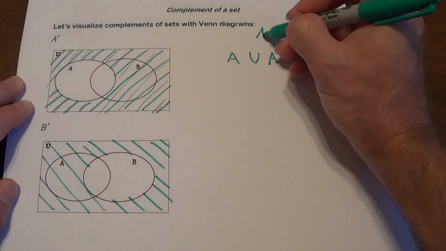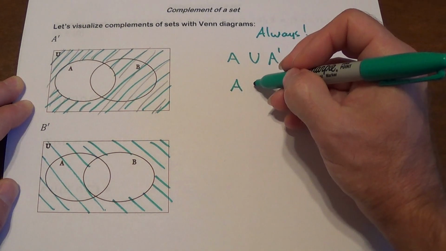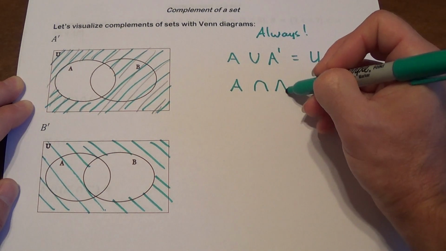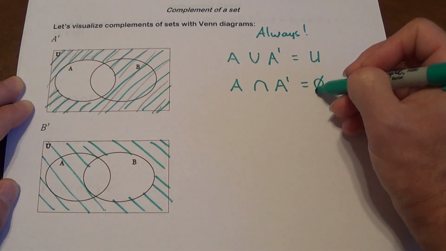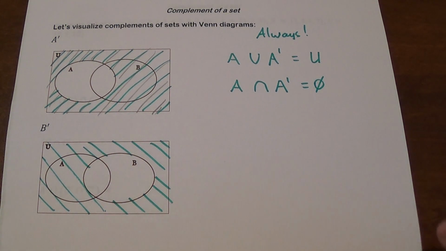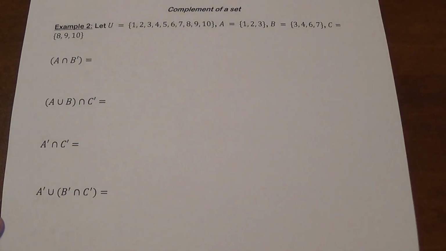And if you take a set intersected with its complement, you will always get an empty set, because of the definition of the complement. These are very important things to know. All right, let's move on.